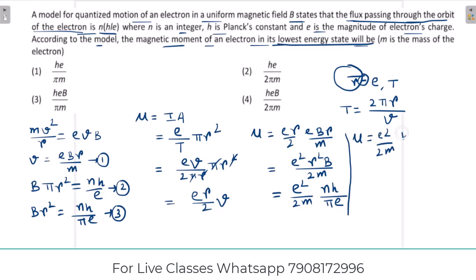So n is 1, that is h by pi e. So one e cancels, and it becomes eh divided by 2 pi m. So the magnetic moment in its lowest energy state is eh by 2 pi m. That is option number 2, he by 2 pi m, is the correct answer.